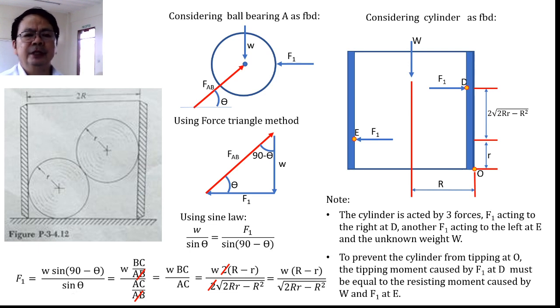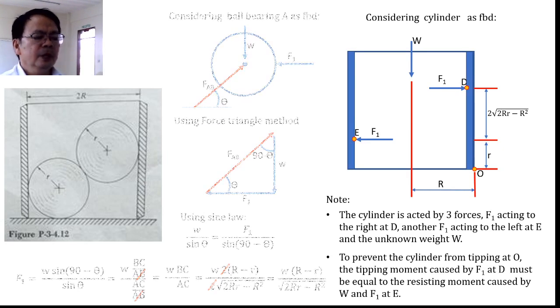And the resisting moment are those moments that will be produced by the weight and the moment due to this F sub 1 in the opposite direction acting at point E in the other side of the cylinder. So the moment by this F sub 1 shall be equal to the moment produced by this W and the moment produced by F sub 1 to prevent that from tipping.